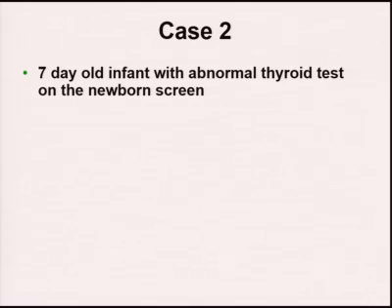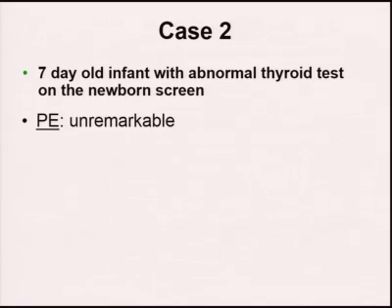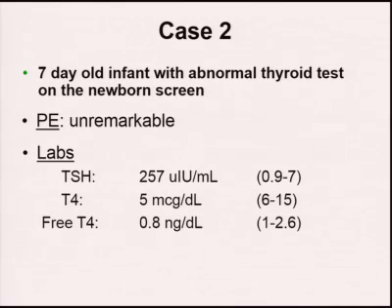All right, so the next case is a 7-day-old infant with an abnormal thyroid test on the newborn screen. Physical exam for this baby is unremarkable, and the history is as well, except for this abnormal thyroid test. Because of the abnormal screen, confirmatory thyroid tests are sent, and we get levels like this.